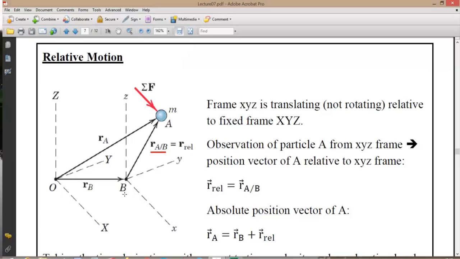This is the frame with the origin at B. And we're going to name this vector from B to A as r relative.